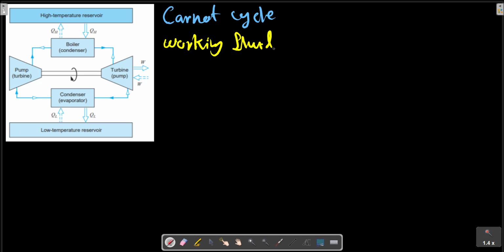The working fluid is a pure substance such as steam, for example.